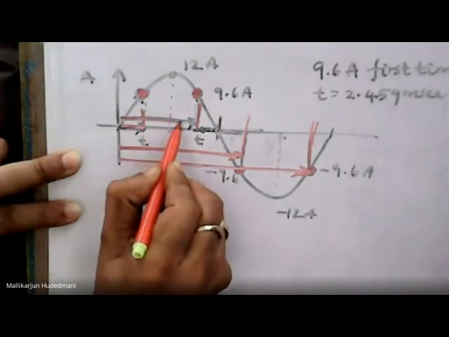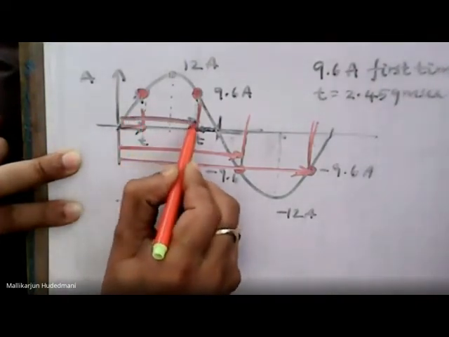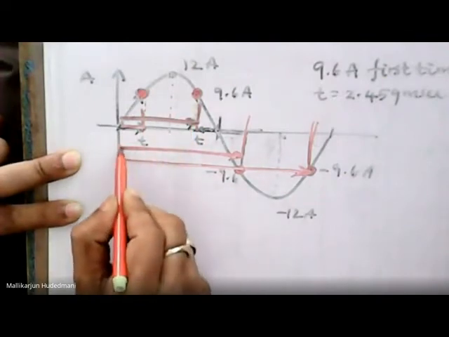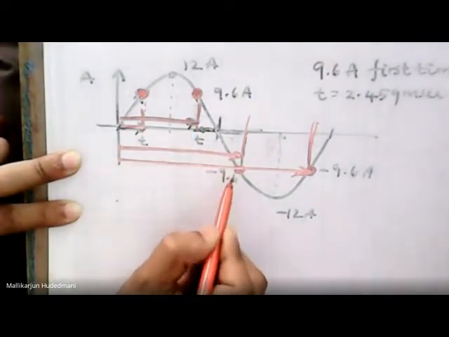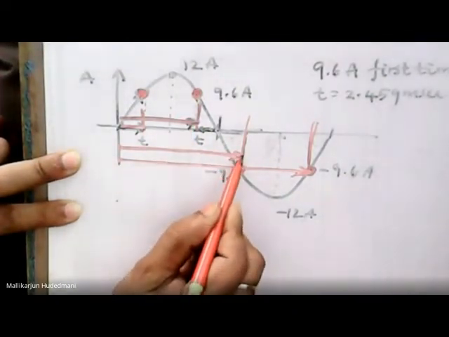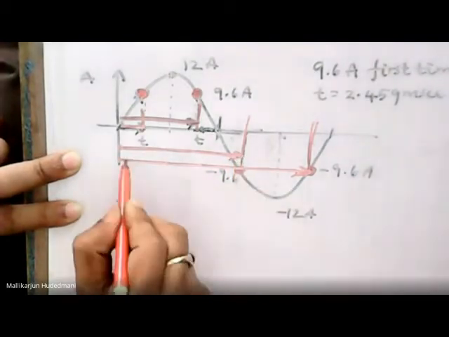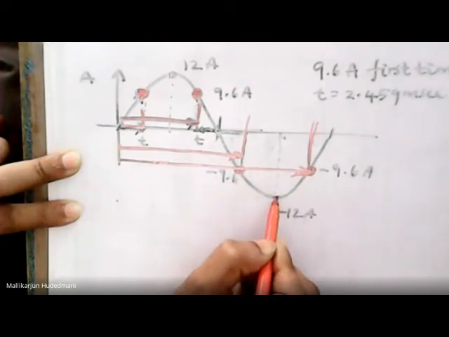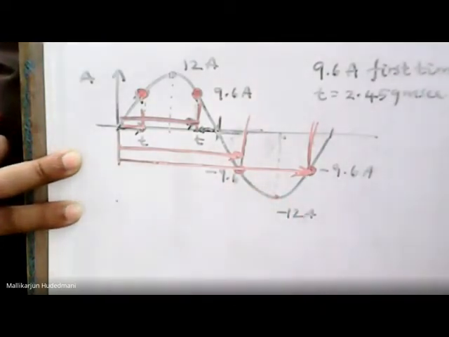This length is the time for 9.6 after the positive max. This length is the time for negative 9.6 the first time. This length of time is the time for negative 9.6 after the negative max. There are 4 positions. So we have to understand how to get these values.